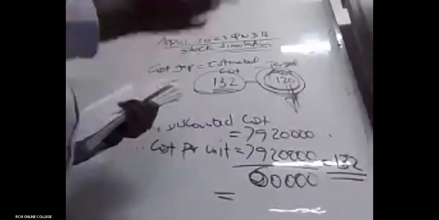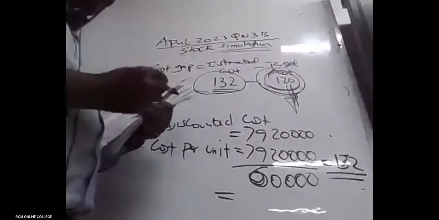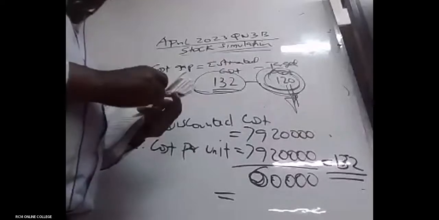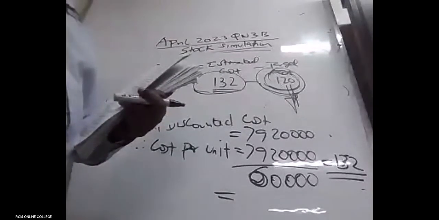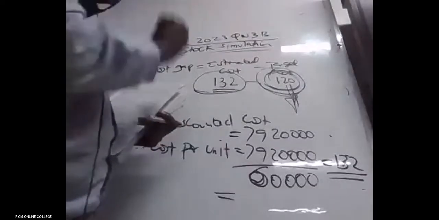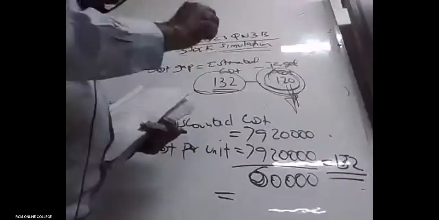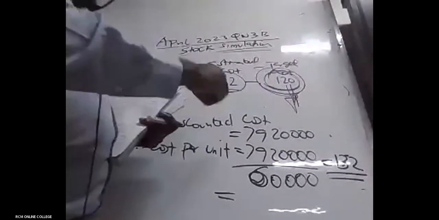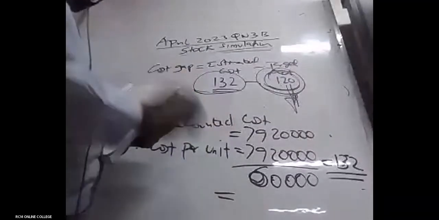Ways of reducing this cost gap, normal ways of reducing cost. How will you be able to reduce cost, ladies and gentlemen? For example, in this case here, we can talk of cheap labor. We talk of semi-skilled: you bring some workers and then you train them internally for the labor cost to go down.